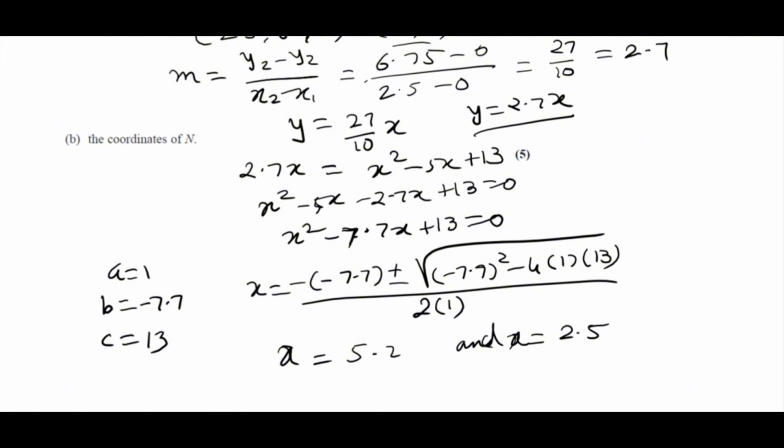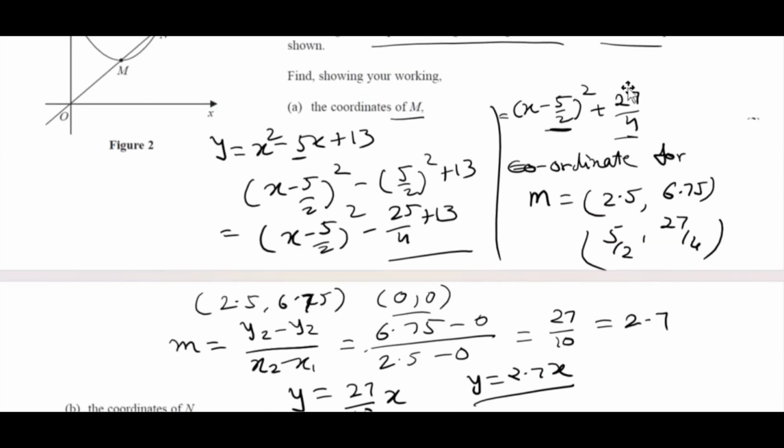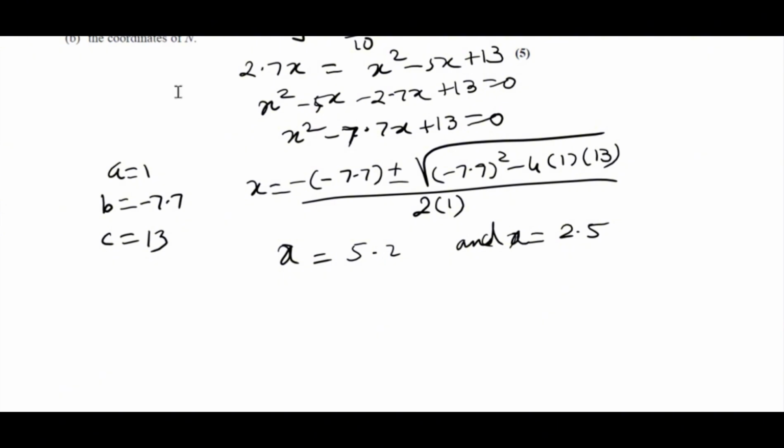Now as you can see here, we already found 2.5 for point M. So that means for N the x coordinate must be 5.2. So I have to substitute this into the equation of y.